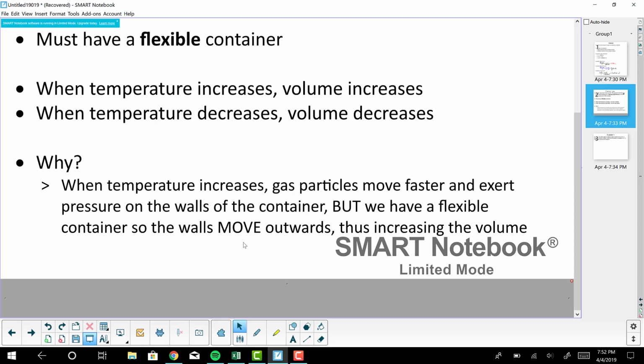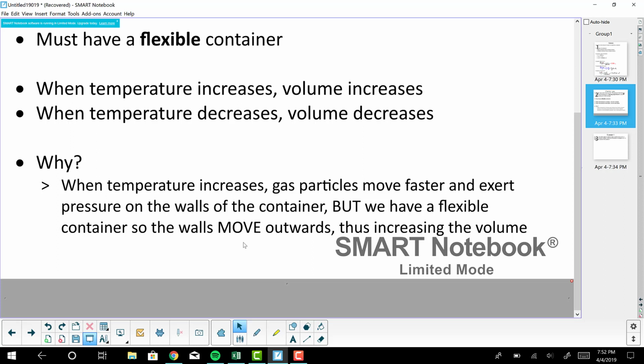So that's how you can describe what happens when temperature increases and therefore volume increases. But can anybody think of what happens when temperature decreases? Why does volume decrease? Well, obviously this is a video, so I can't interact with you directly, but hopefully you thought of something.